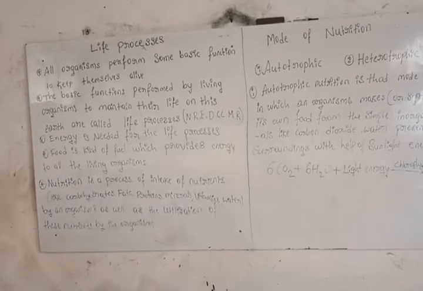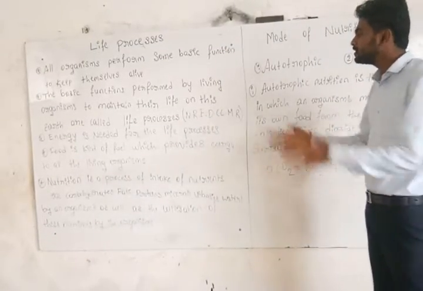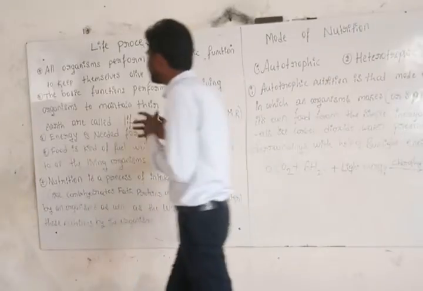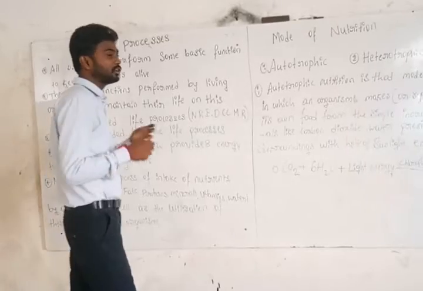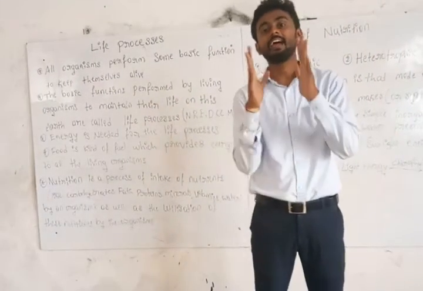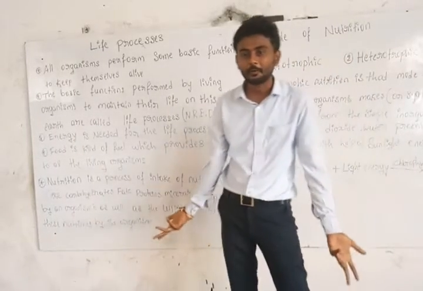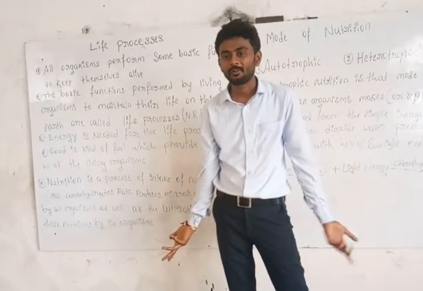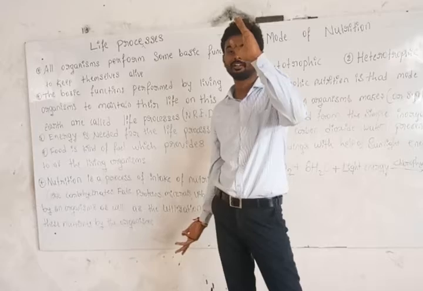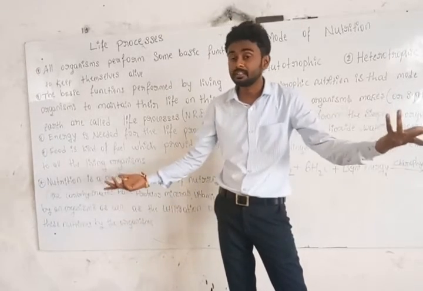Okay, dear students, listen to me. When you are doing these basic functions in our bodies, energy is required. How do you get that energy? With the help of food, by consuming the food.